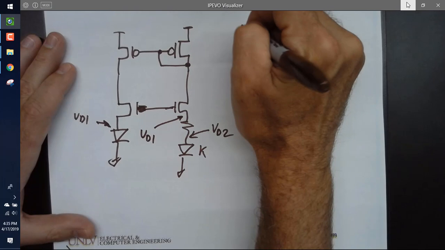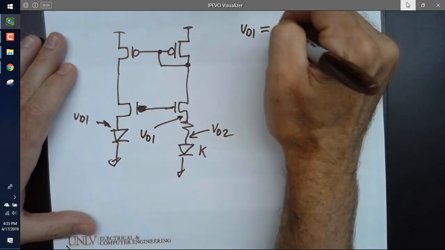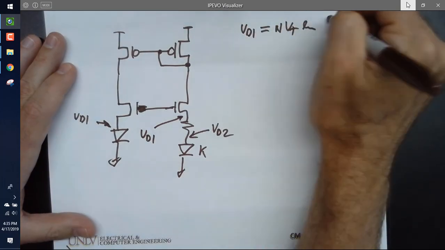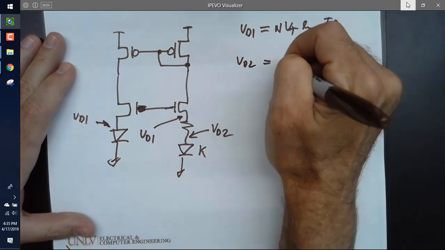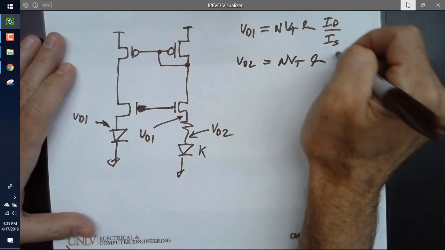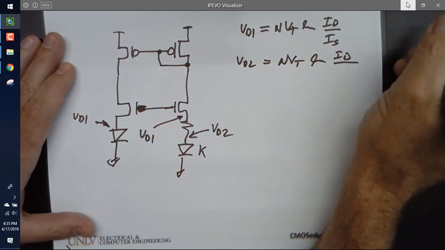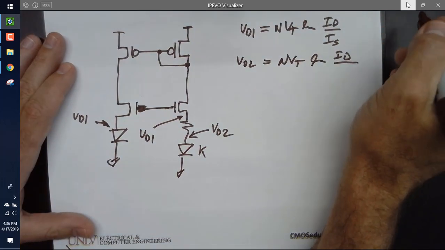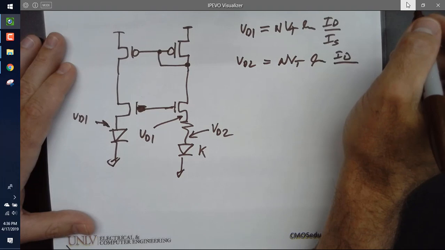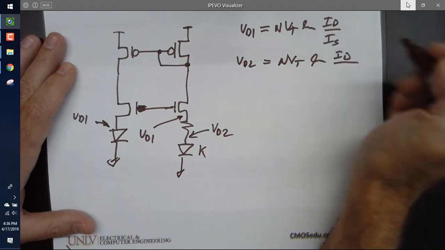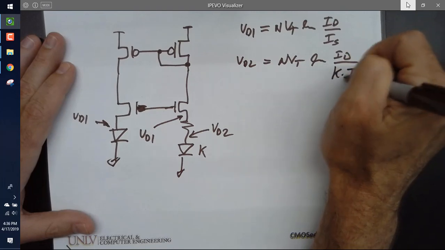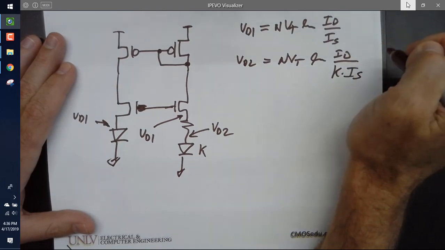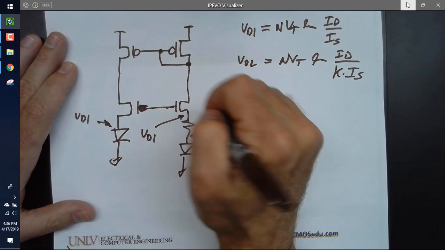And so we can write VD1 is equal to NVT natural log ID over IS. VD2 is equal to NVT natural log ID over... what's it over? All right, don't let me stay in my own little world. Okay, and what's the current that flows?